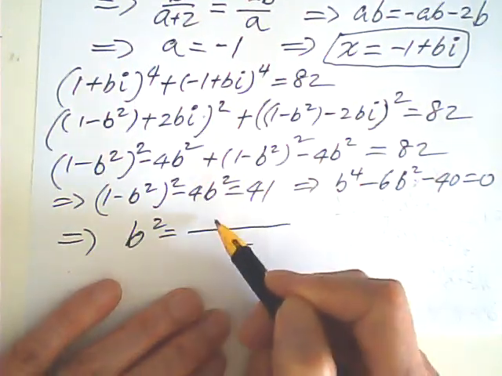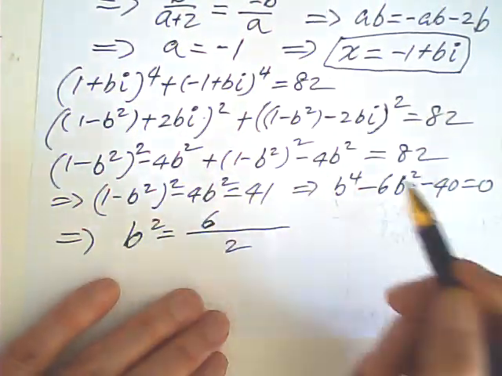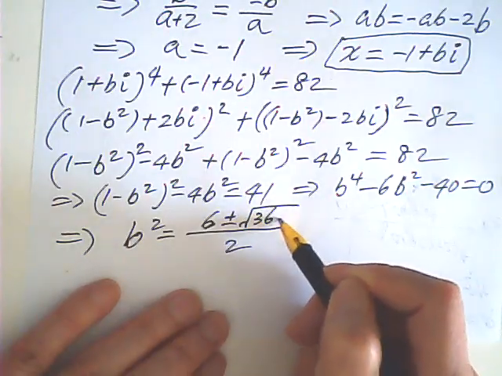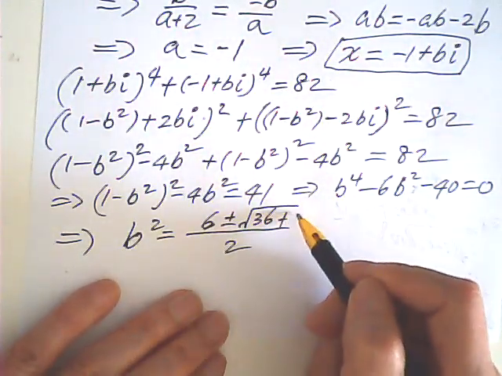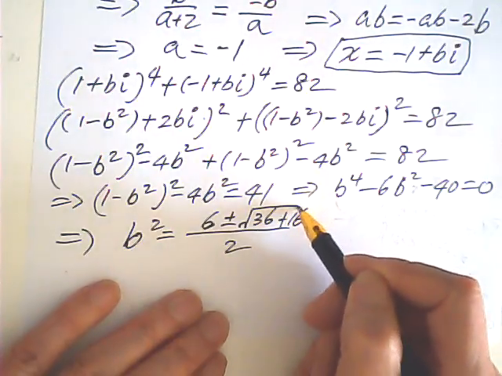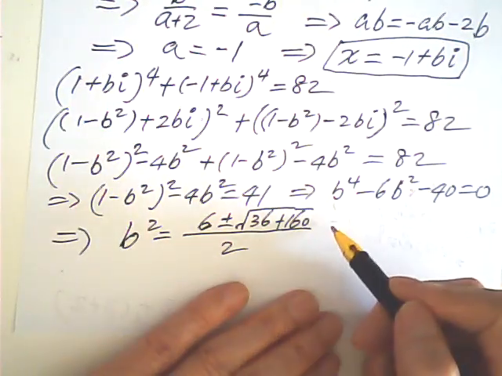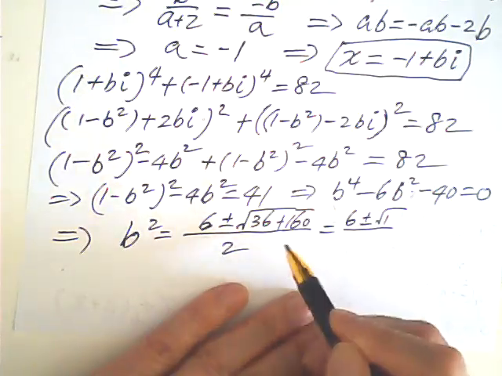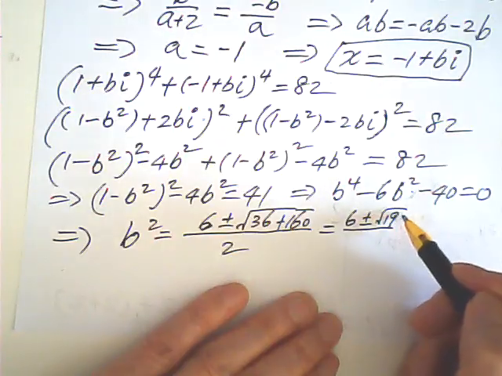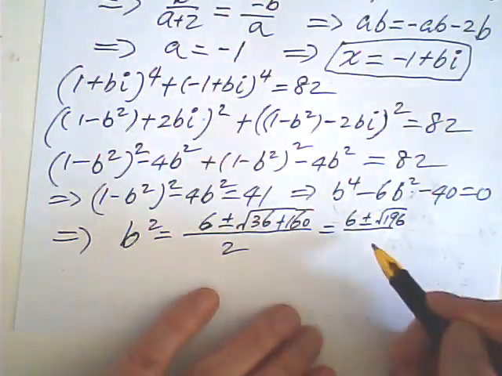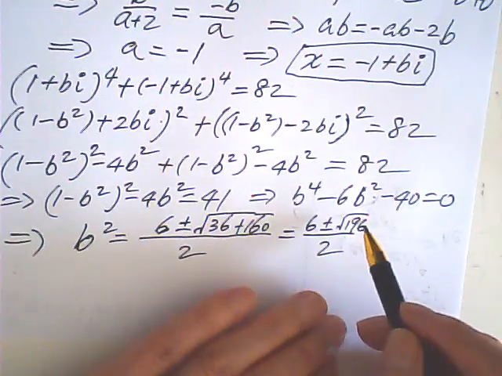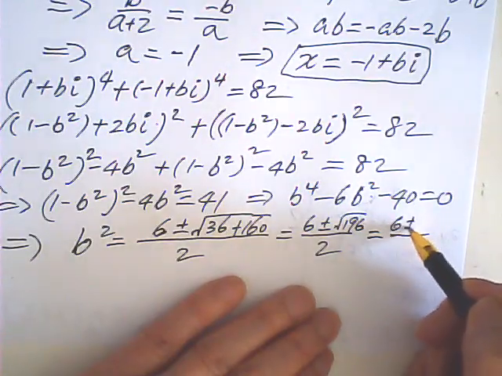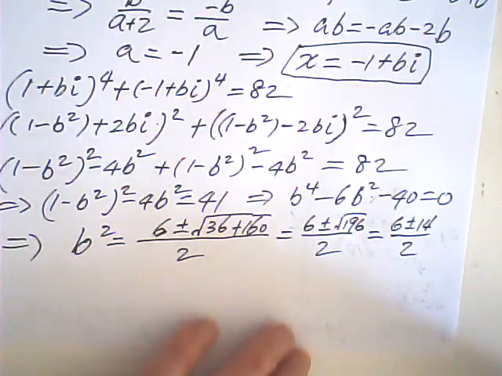This is equal to 6 plus or minus the square root of 36 plus 160, so 6 plus or minus the square root of 196. 196 is 14 square, so this is equal to 6 plus or minus 14 over 2.